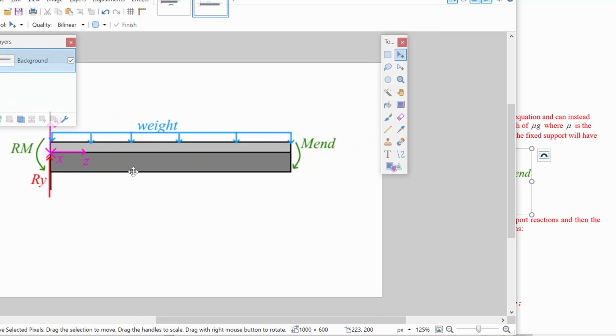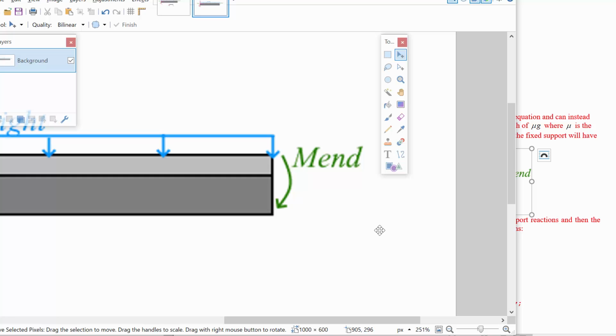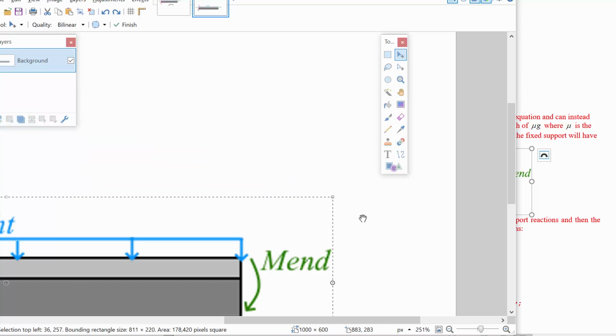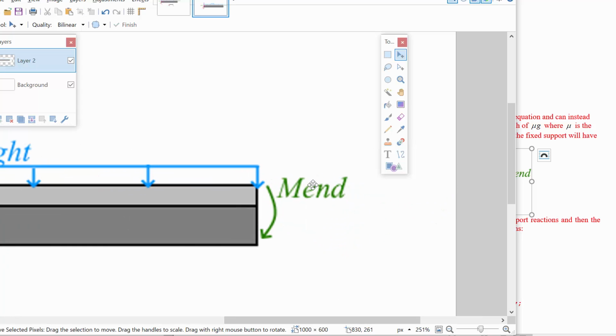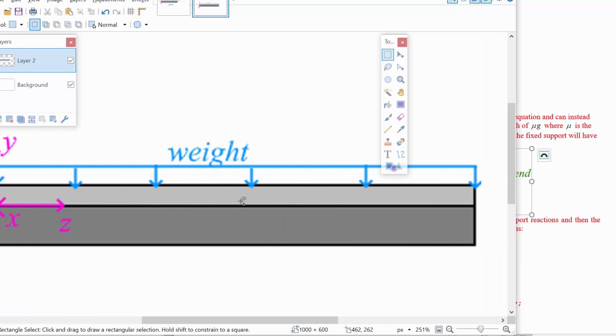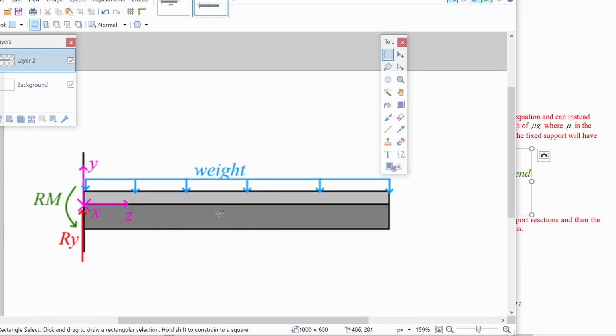We have an XY cross-section, and it's extending in Z. Control-Shift-N to put in a new layer, paste that in there, and now we can just select and delete instead of having to draw rectangles, which is a little bit nicer. Great, so there's that free body diagram.